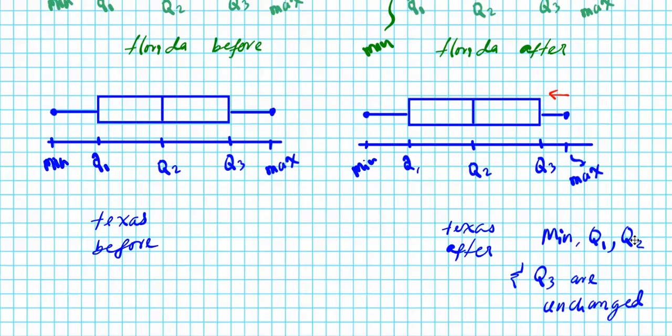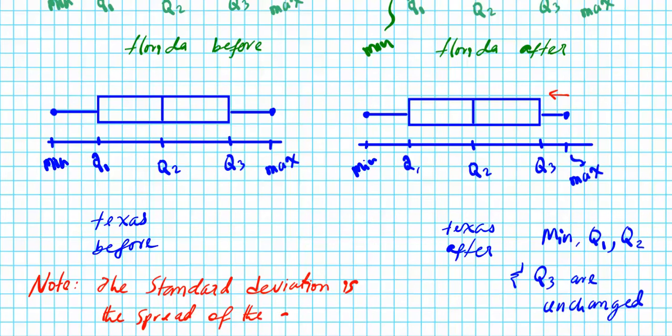So if we look at Texas, one thing you want to note is that the standard deviation is the measure of what? The standard deviation is the spread of the data from the mean, okay?